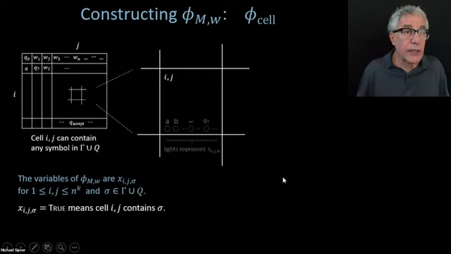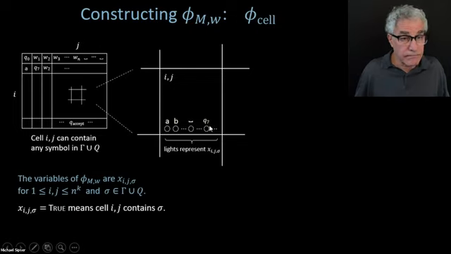So I'm going to illustrate that now for you. Imagine you have lights representing all the different x_ij,sigma variables for the different sigmas. So we're in cell ij, so these are all x_ij,sigma variables for the different sigmas that can go in this cell.